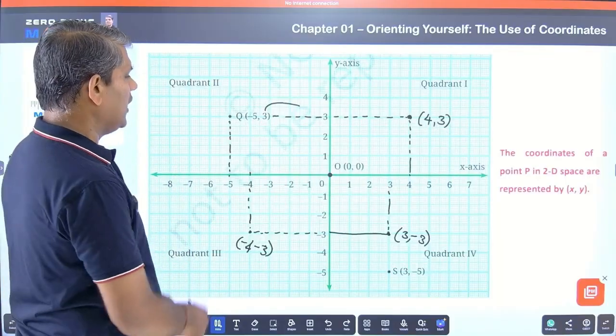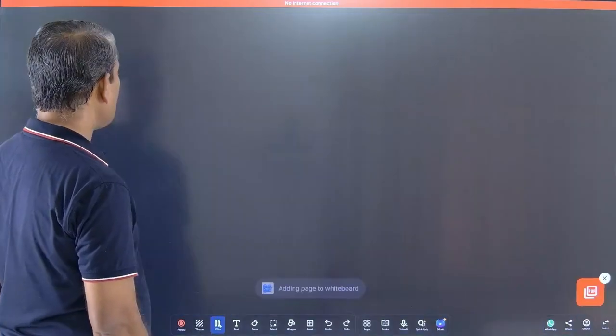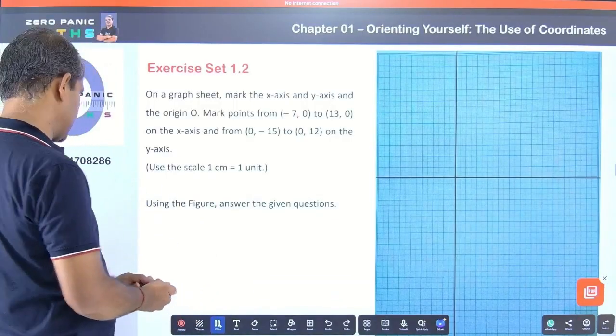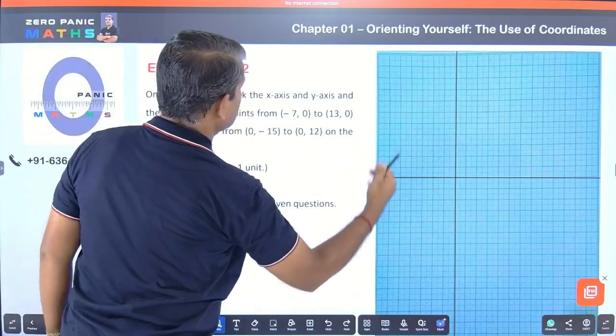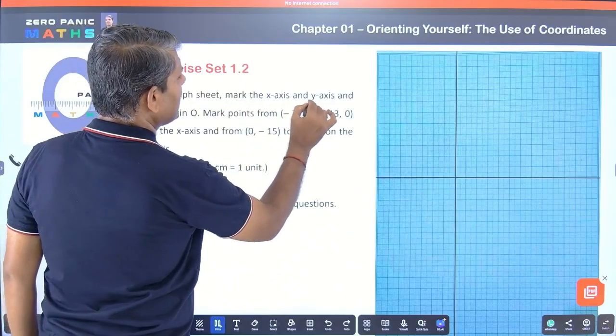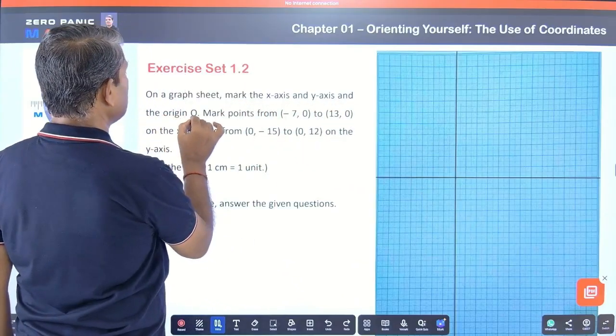Okay, now based on this, let us see what is given in exercise set 1.2. On a graph sheet, mark the x-axis and y-axis and the origin as 0.